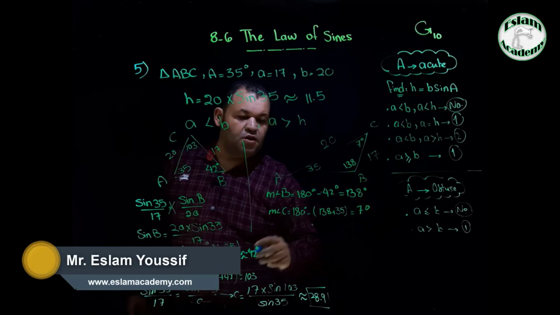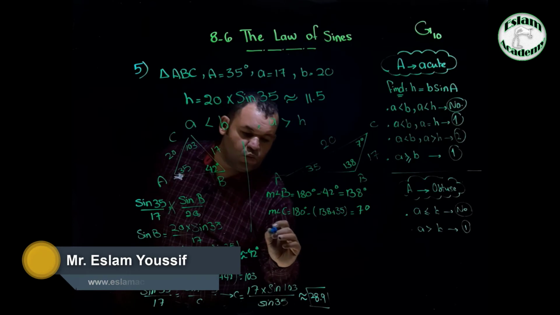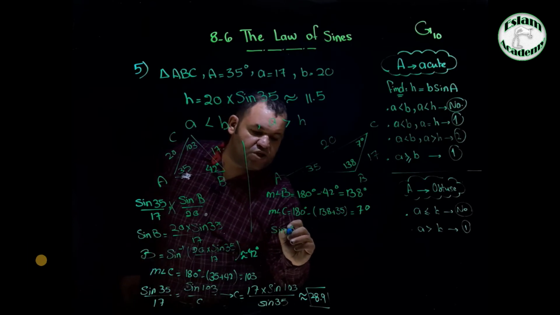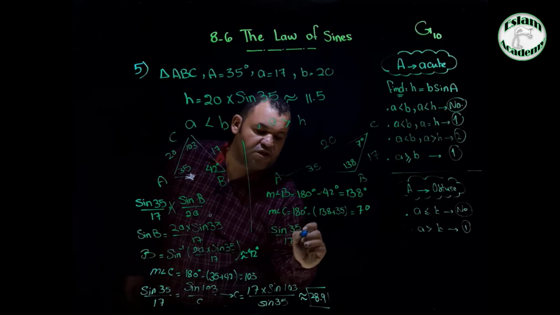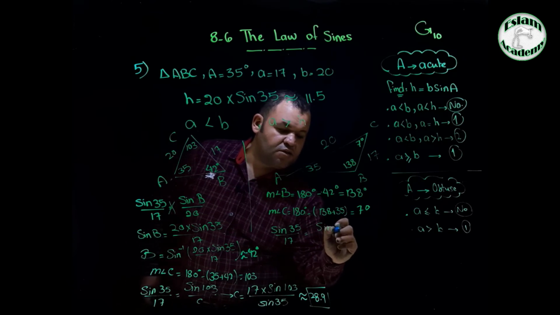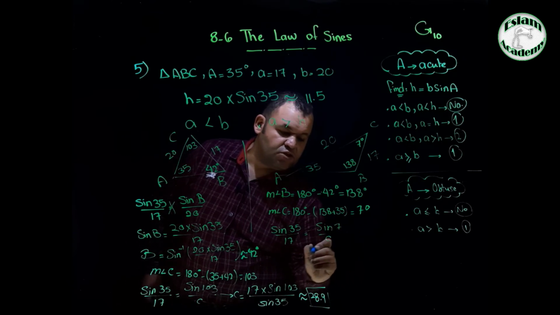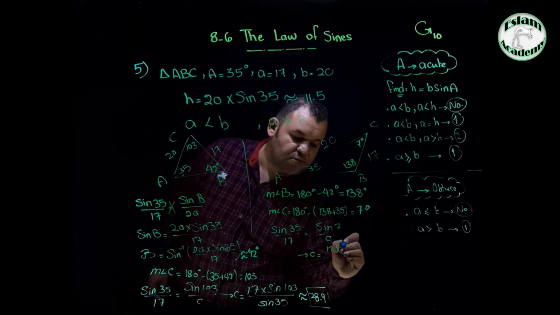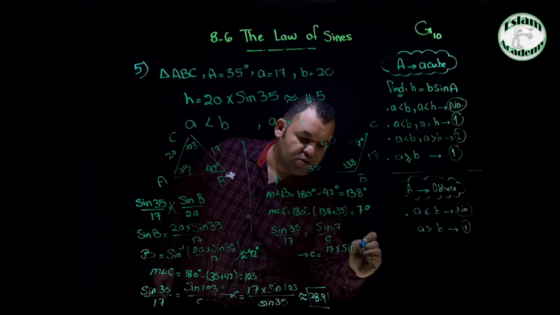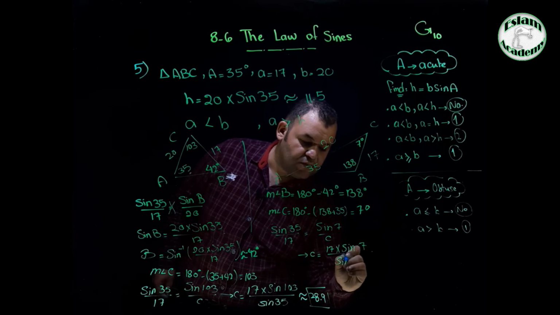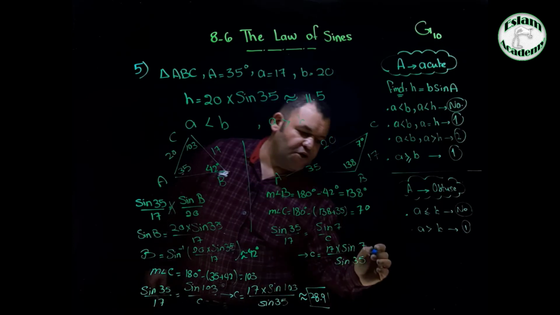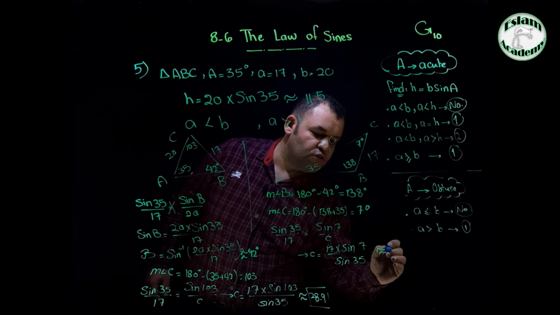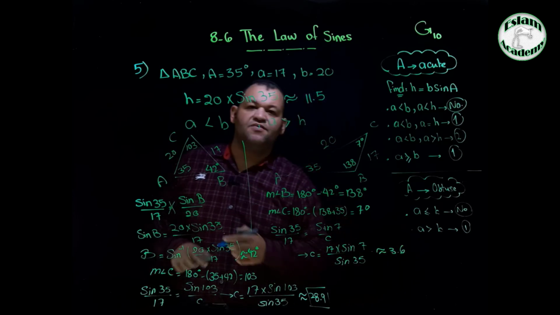So we can find c: sine 35 over 17 equals sine 7 over c. So c equals 17 times sine 7 over sine 35. By using the calculator, we find that c is equal to 3.6. And that's the value of c.